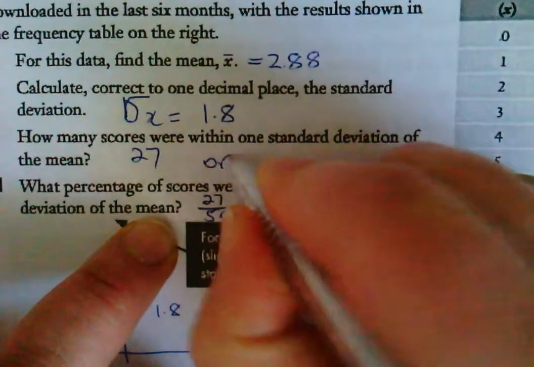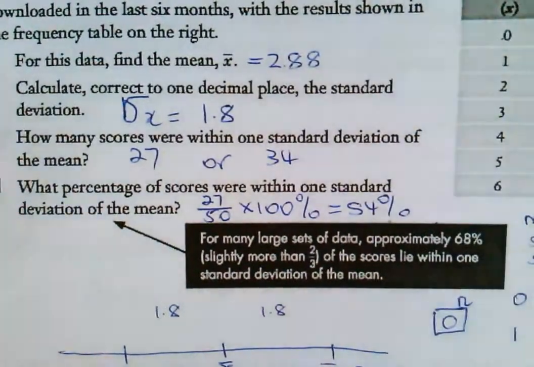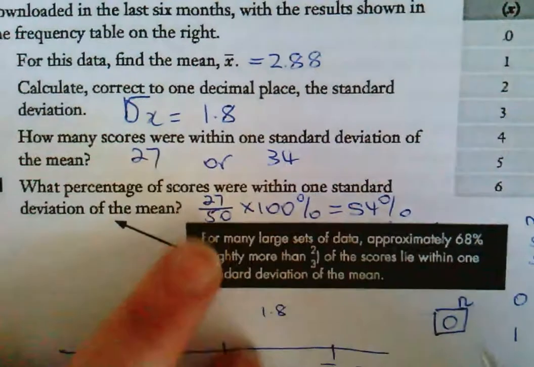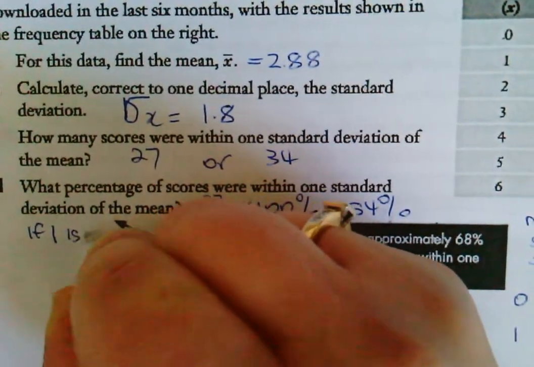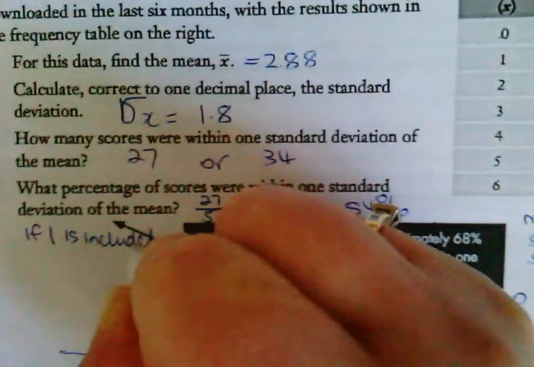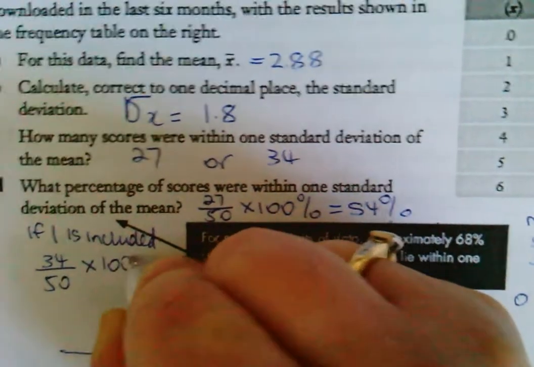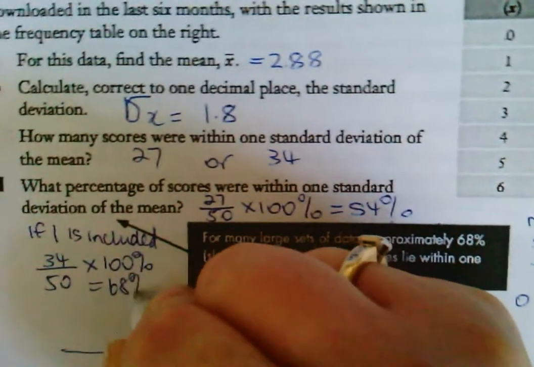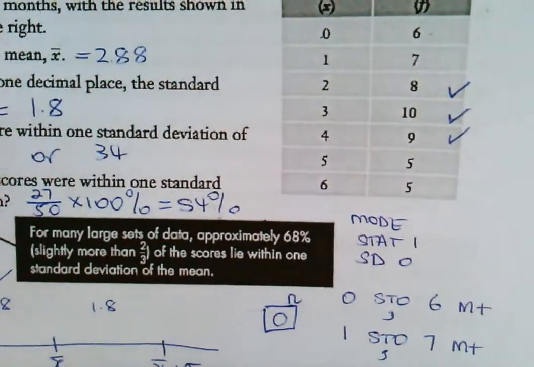If I include the 1's, I'm actually going to have 34 scores if I include the 1's. Do you know what I'm saying? And that equals 68. If 1 is included, because it's very close, I've got 34 out of 50 times 100% is 68% of the scores. So it is fairly close. I mean, 1 and 1.08, they're fairly close.